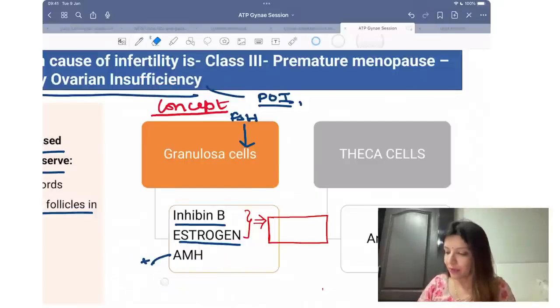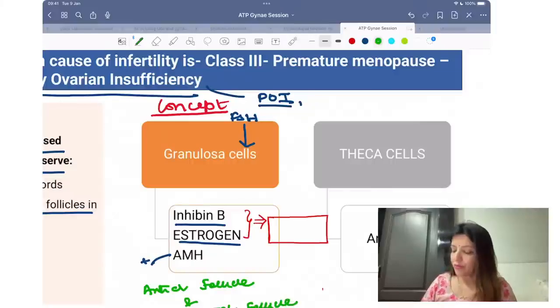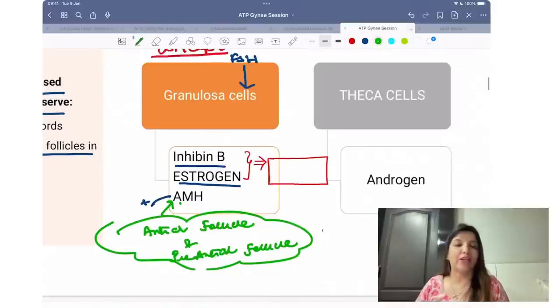I'll write this properly, otherwise you will not understand it. Antral follicle and preantral follicle. Right? So the granulosa cells of antral follicle and preantral follicle release anti-Mullerian hormone.